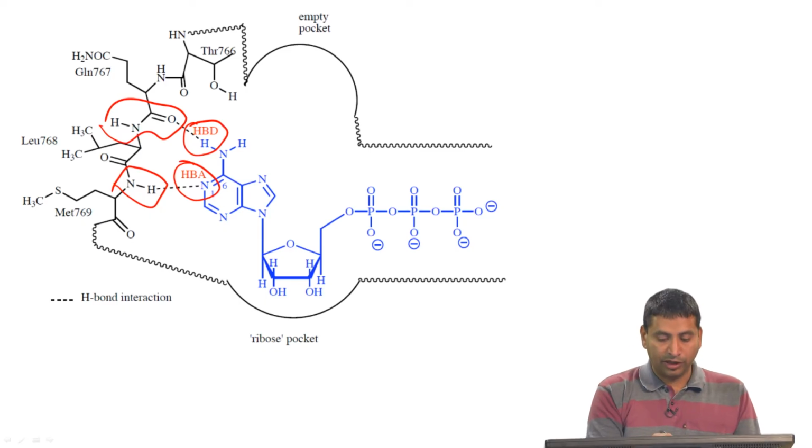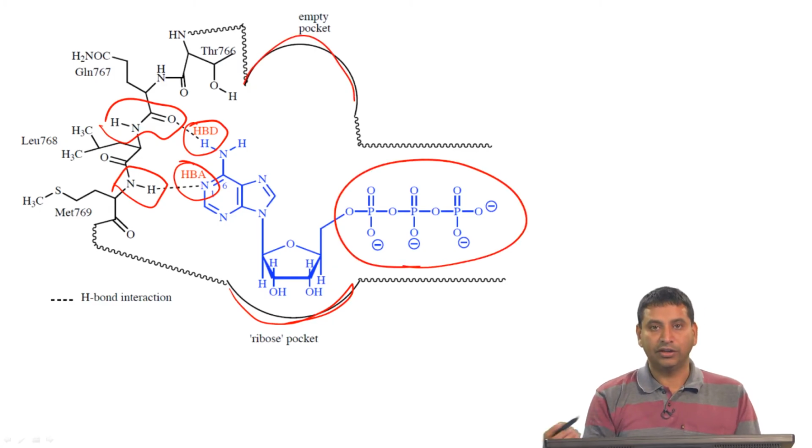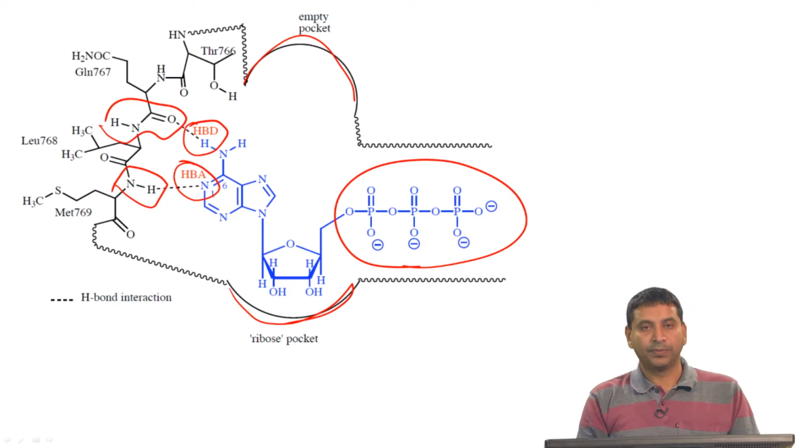And of course, there is a ribose binding pocket over here, and this seems to be an empty pocket, and the triphosphate actually goes outside the binding pocket. So, this is what we understand from the structure. So, we shall assume that these hydrogen bonding interactions are important and proceed with trying to solve the problem.